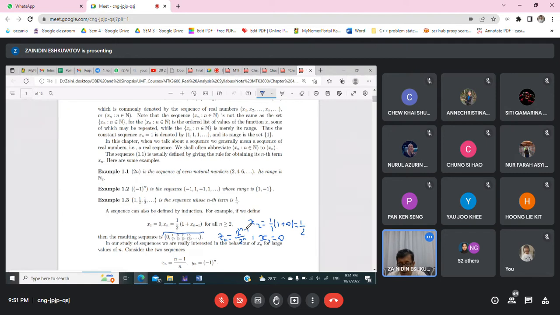So if x1 is 0, then n starts from 2. Okay, x0 is 0. When n equals 1, this is 1, this is 2, 1 over 2.